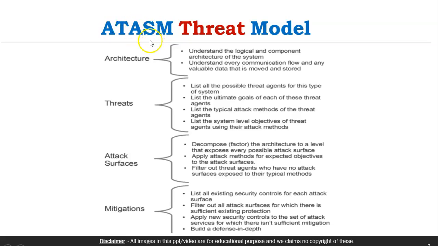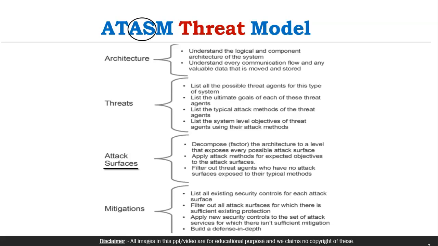In the ATASM model it is attack surface. So A is attack in both cases. A is simulation in PASTA; here it is surface. So just remember, AS is attack surface here. Apart from this, ATASM is architecture, threats, attack surface, mitigations. This is the full form. This much is enough from an exam perspective for threat modeling.